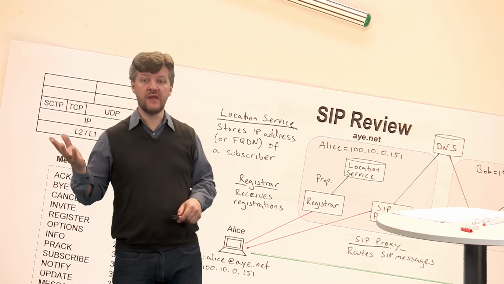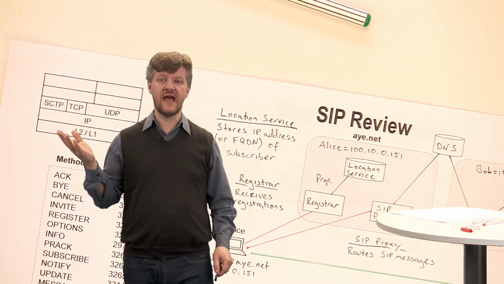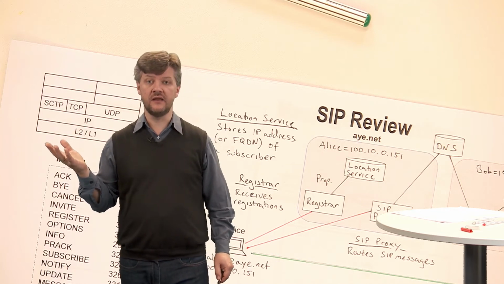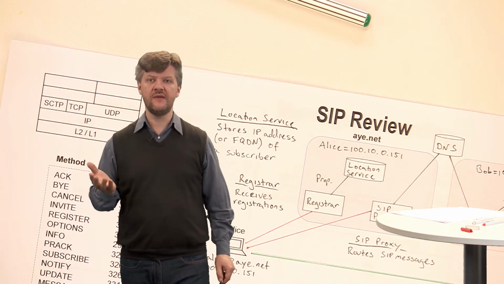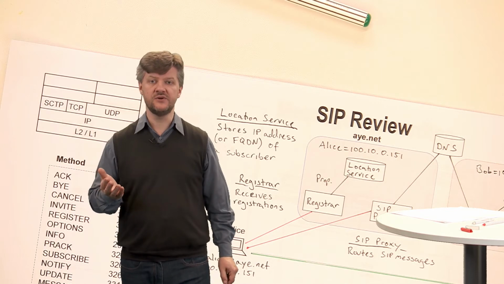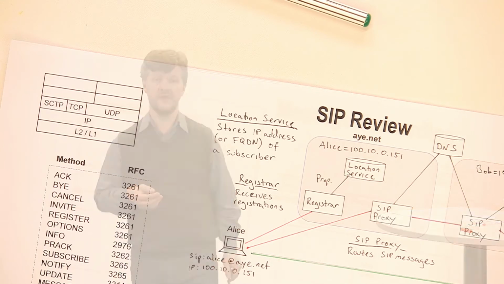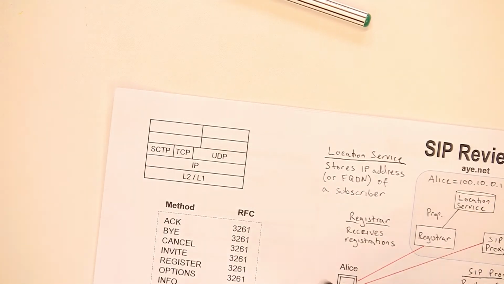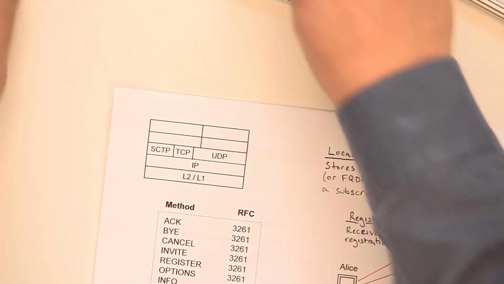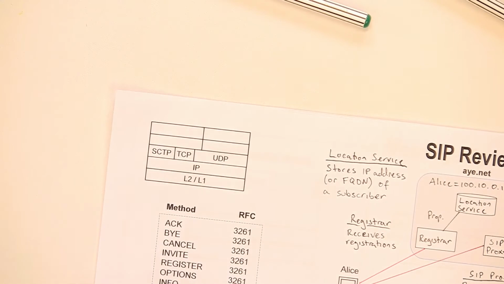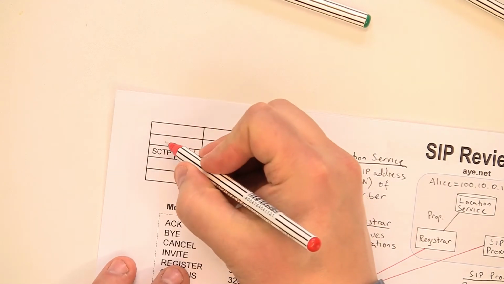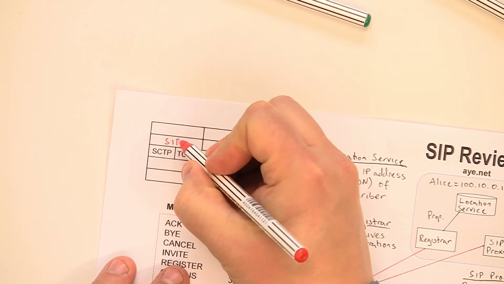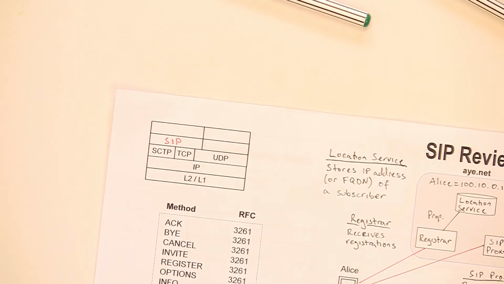So what do you say? We can actually use this little stack up here and put in SIP and maybe even RTP that is used to carry the green stuff. So if we start off with SIP, SIP can actually be carried by all transport protocols.